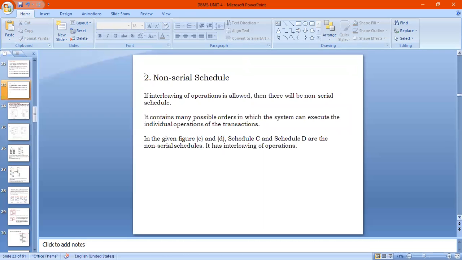Non-serial schedule is where interleaving of operations is allowed. If there is interleaving, then they will be non-serial schedules.